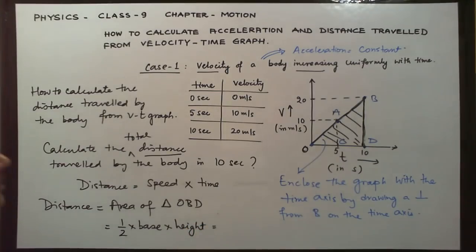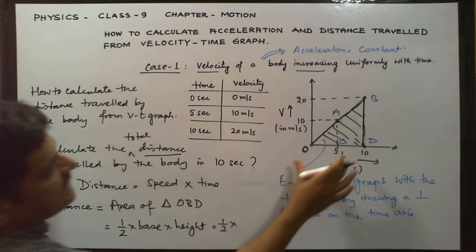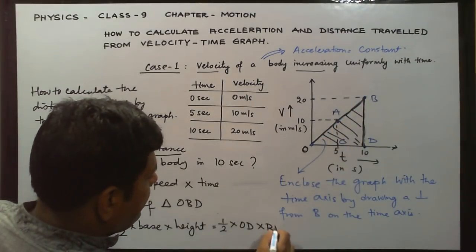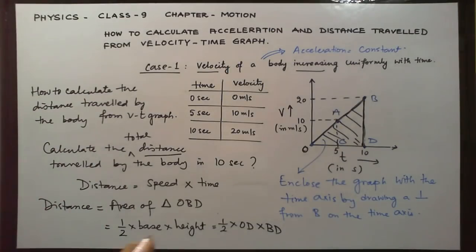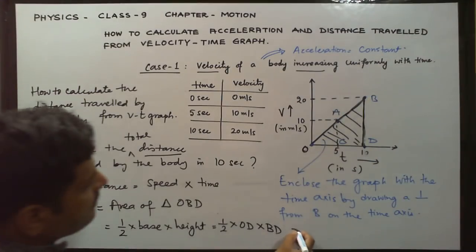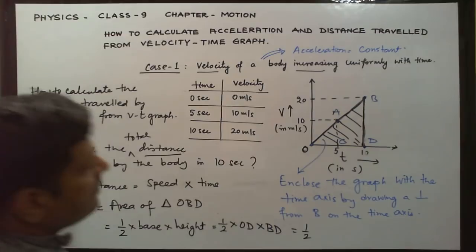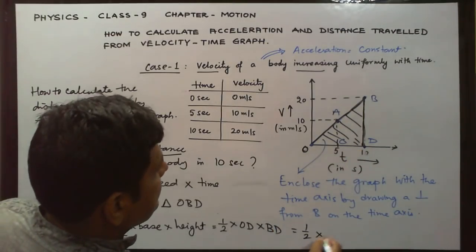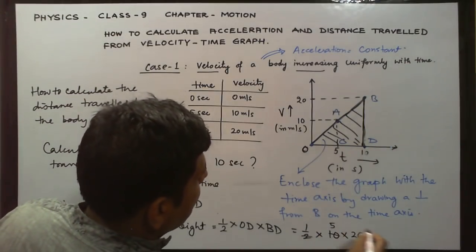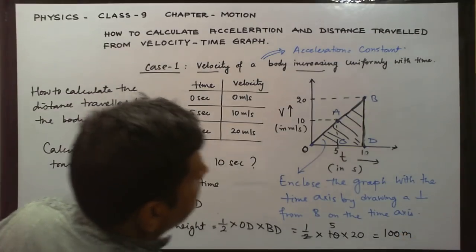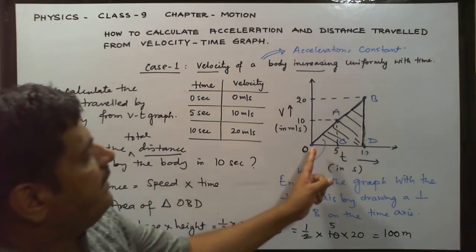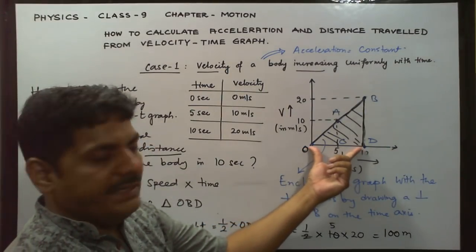So this is equal to half, base is OD, multiply B to D. You know the value of OD, you know the value of BD. So this would be equal to half, OD is 10, B to D is 20, so we get 100 meter. So this is the distance travelled by the body in between 0 and 10 seconds.